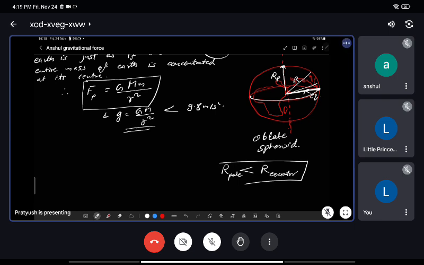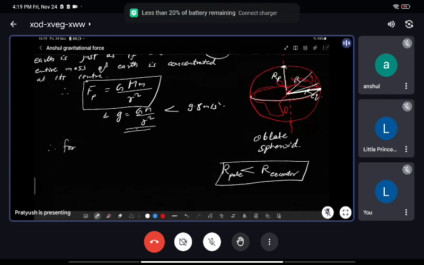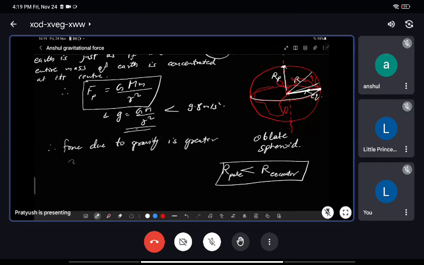That's why force due to gravity is greater at the poles than at the equator.